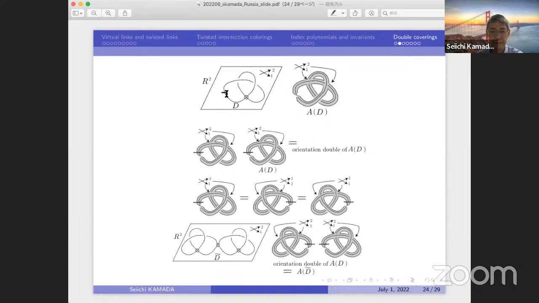And after that, this bar is changed in some way. So that is D tilde, the double covering diagram.